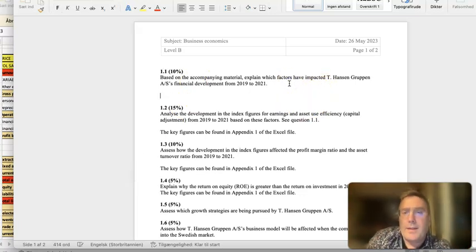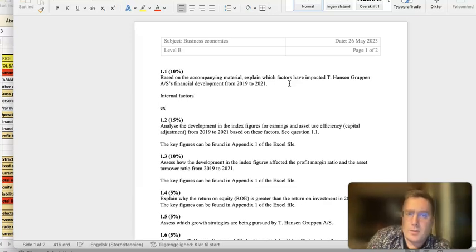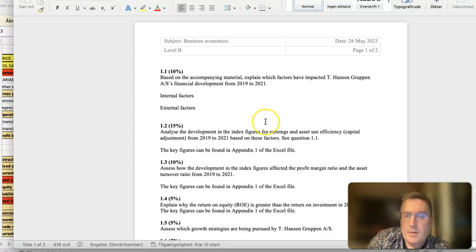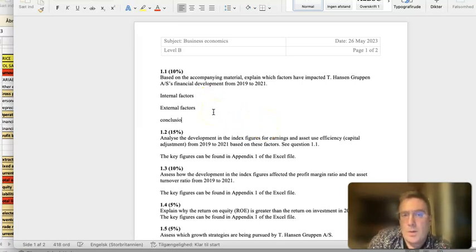A good idea is to say internal factors and external factors, and fill out everything and make a conclusion on what has most affected this. So you kind of draw the conclusion in terms of that.